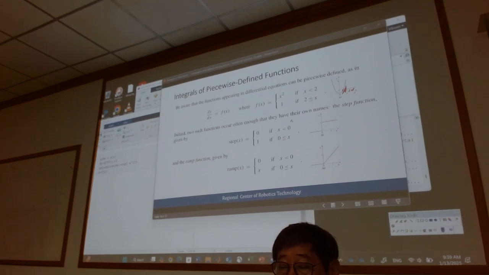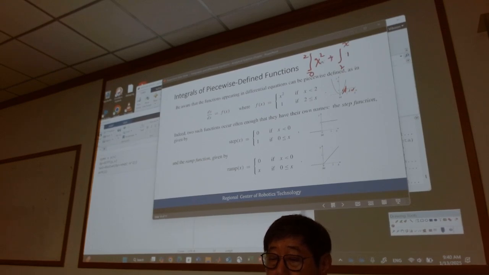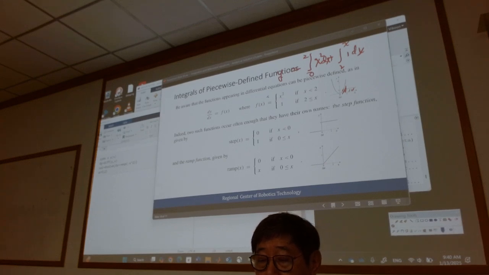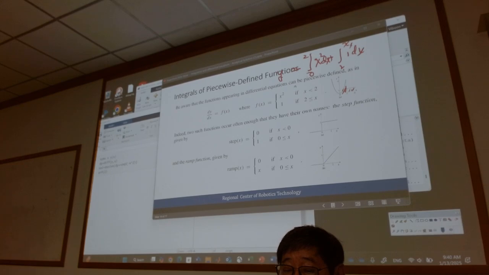Okay, integrate x squared from 0 to 2, integrate from 2 to x of 1 dx, right? Our solution is this one, 2 to x, so you have this one. So it depends on x, how far you want to go. If you say x to infinity, this one will be infinity. Right?